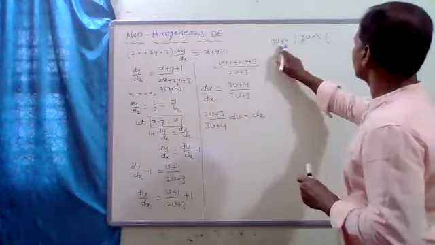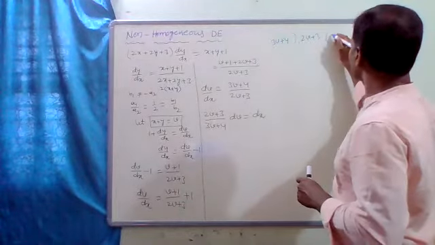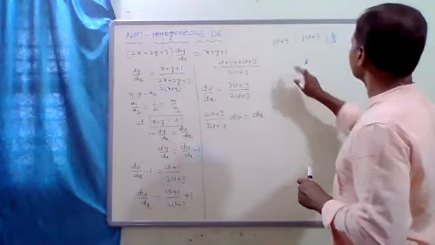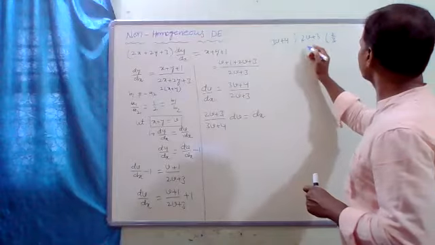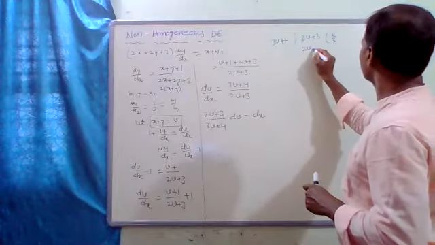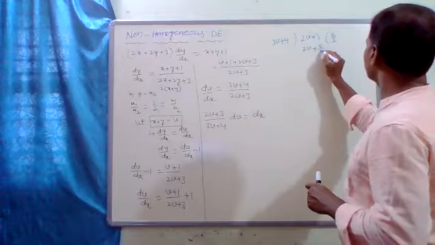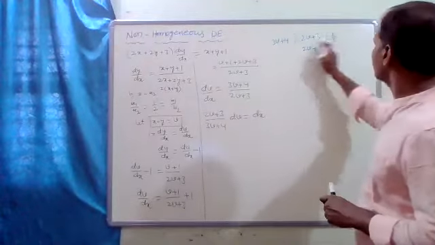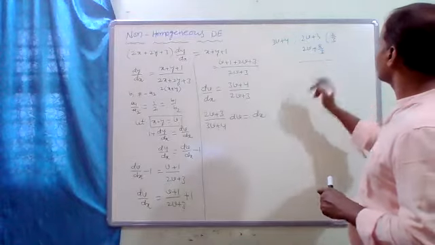Now here 2v plus 3, here 3v plus 4. So what do I have to do? Here 2 by 3: 3v plus 4 into 2 by 3. What will you get? 3v into 2 by 3 is 2v, plus 8 by 3.